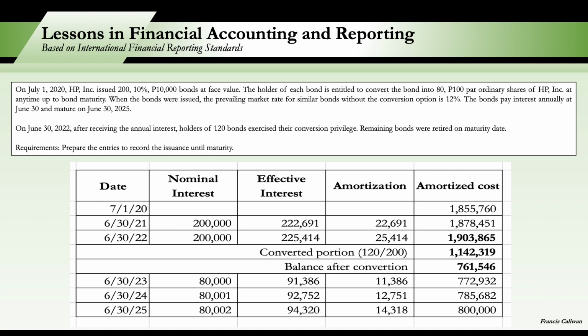So by the time the bonds mature on June 30, 2025, we only have 800,000 face value bonds because the 1,200,000 face value bonds were converted on June 30, 2022. We will use that amortization table in our future entries.